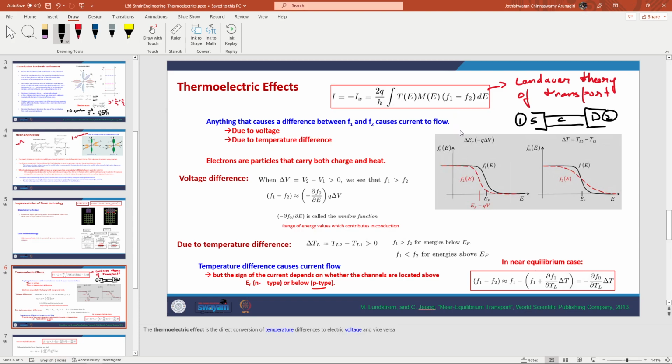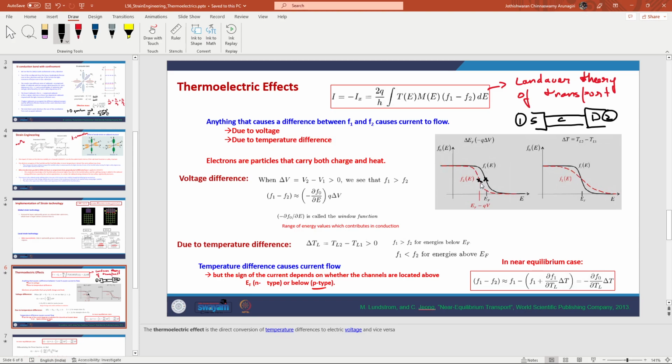One case that we have observed where F1 minus F2 is never zero is first when we apply a bias voltage. So this is what happens when we apply a bias voltage. When we apply a voltage, it is equivalent to shifting the Fermi level of the device. So the Fermi level is the point, this is essentially where we have the Fermi level. Now applying a voltage will shift the Fermi level.